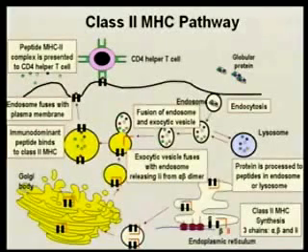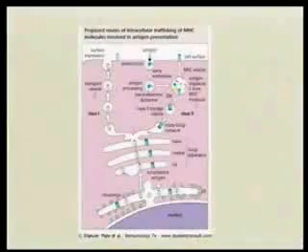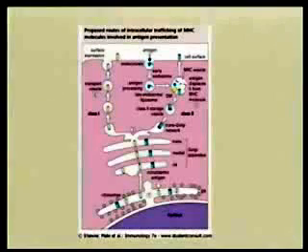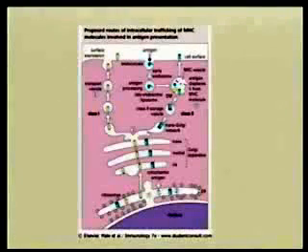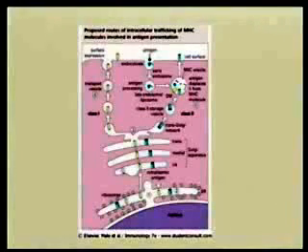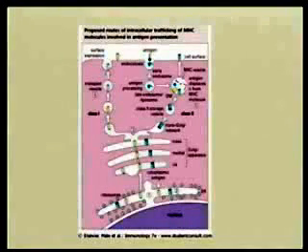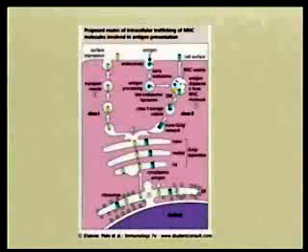So if you want to compare and contrast the two processes, both MHC class 1, shown here, and class 2 are synthesized in the endoplasmic reticulum. Found in this endoplasmic reticulum, there will be peptides, 8 to 10 amino acids in length, that can associate with the class 1 MHC.